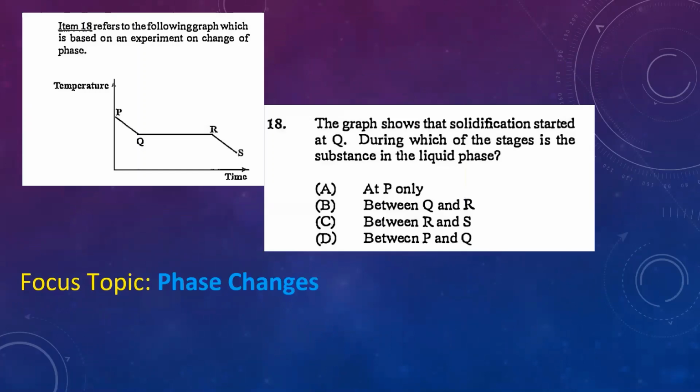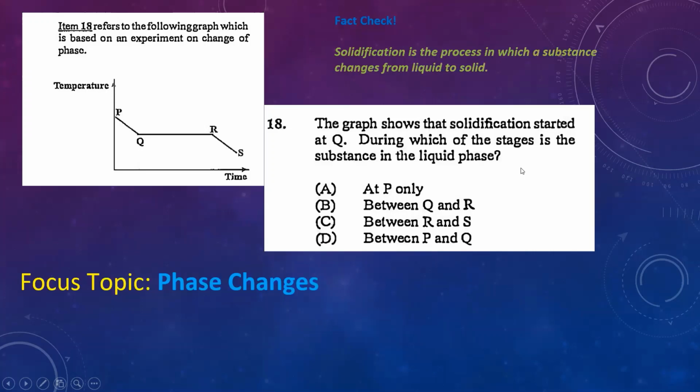Number 18, we have a graph of temperature versus time. The graph shows that solidification started at Q. During which of the stages is the substance in the liquid phase?